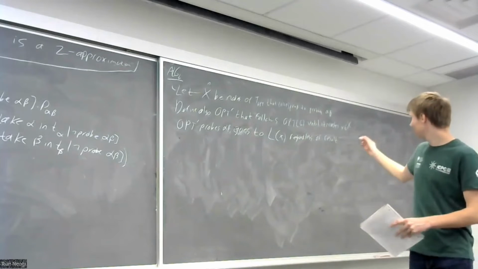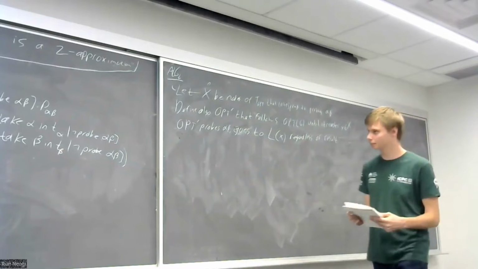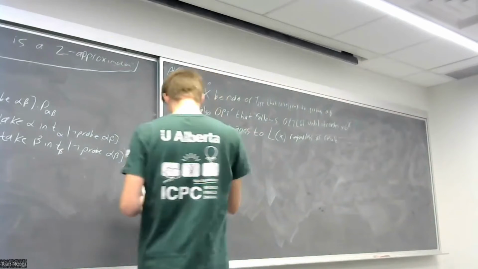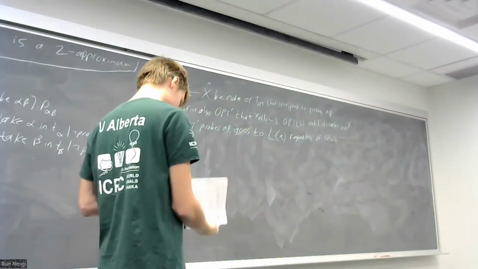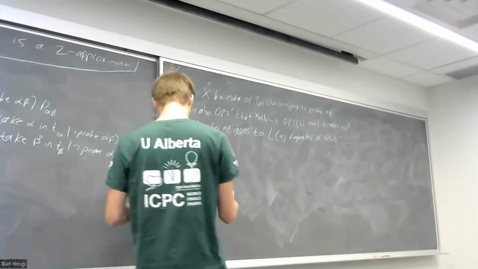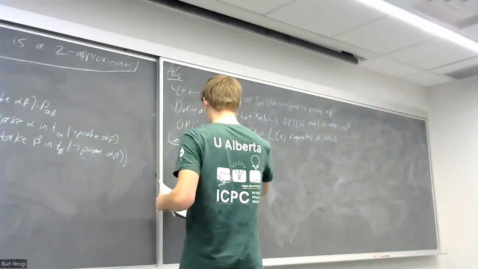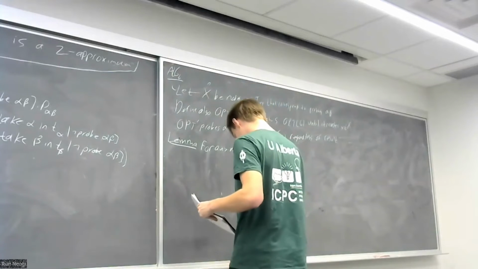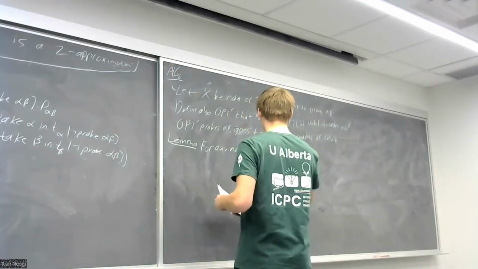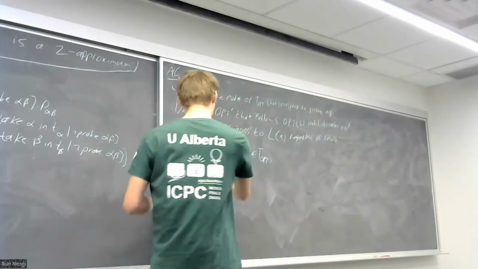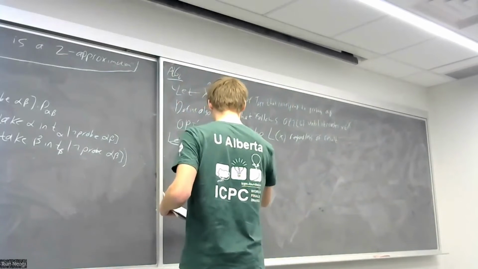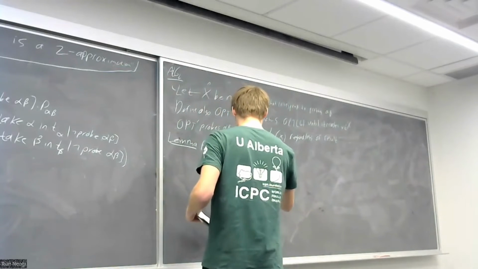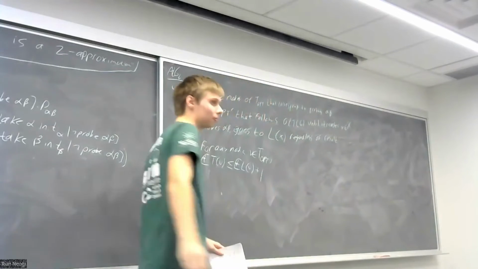So before we analyze this, we're going to need a quick lemma. This is about the optimal tree. If we have some node V, the expected value at that node's subtree is at most the expected value of the left subtree plus 1.